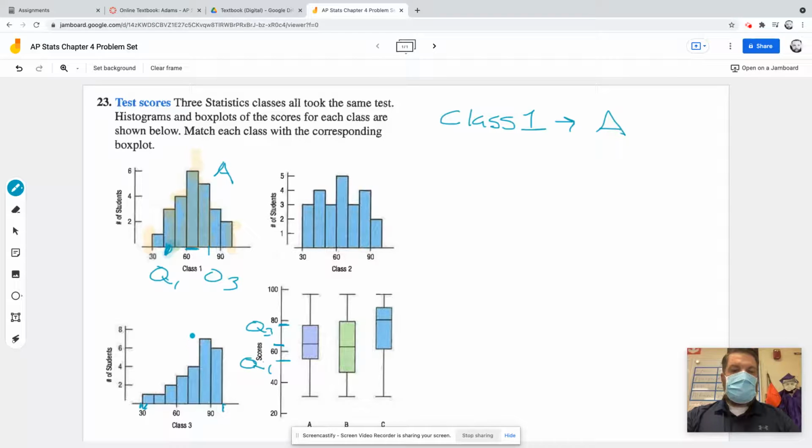On these, the median is somewhere over here. So it's going to be a higher median. So I'm pretty sure that class 3 is going to be the box plot for C, just because the median is so much higher.